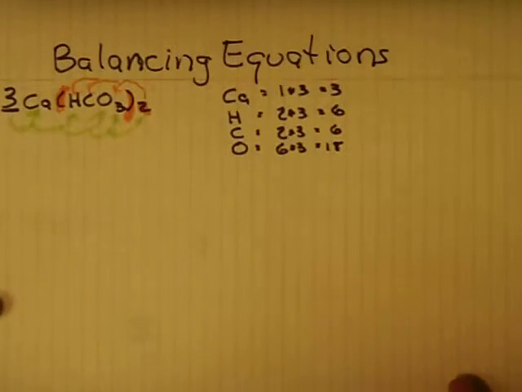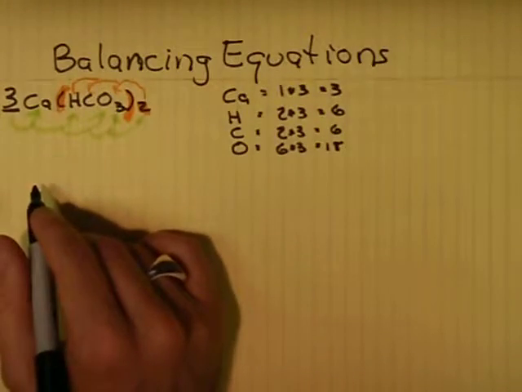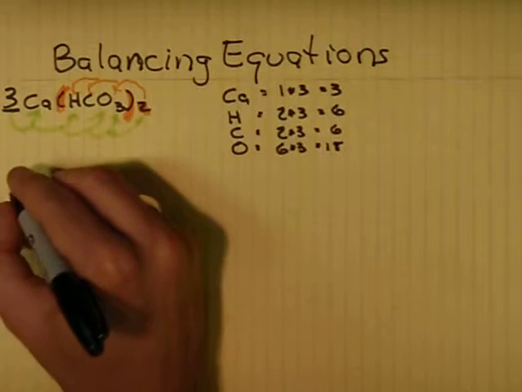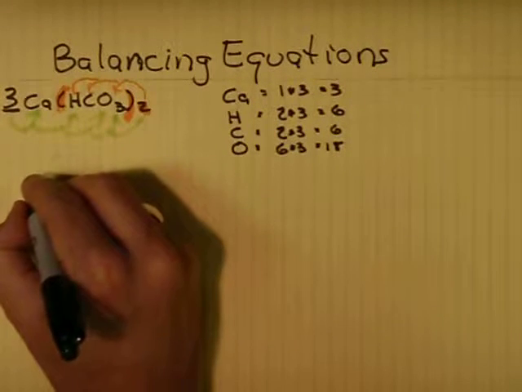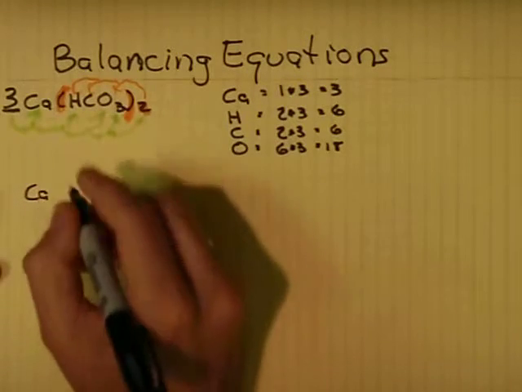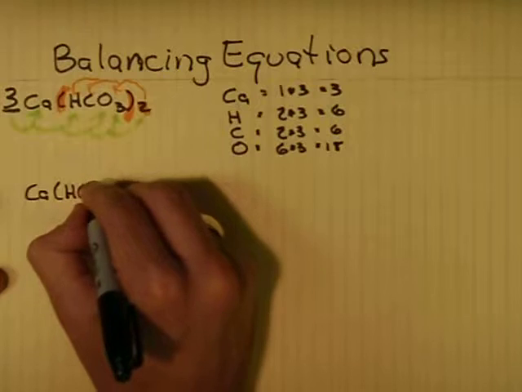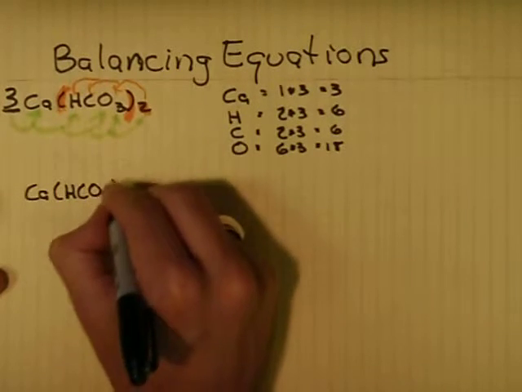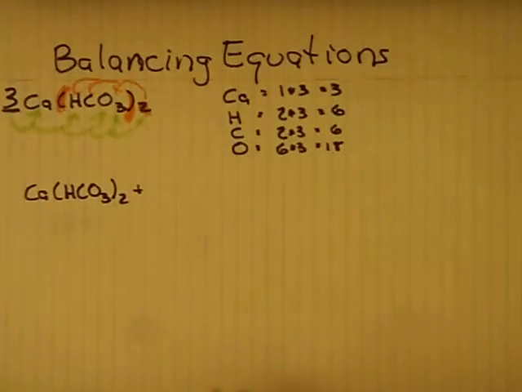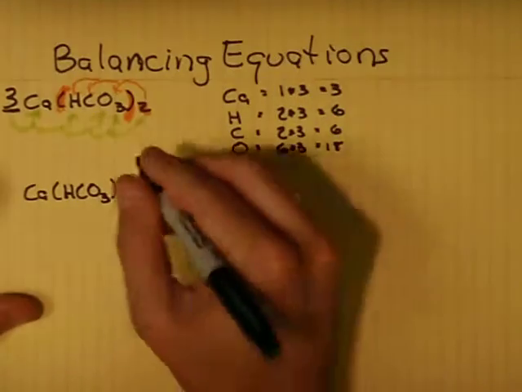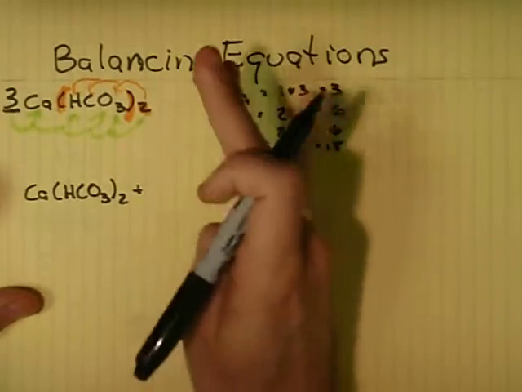So I'll just kind of start off here with an example. We'll do this. So we will say that, let's try calcium. Since we started that right there, we'll say calcium bicarbonate plus, we will say, let's see, what's a good one?